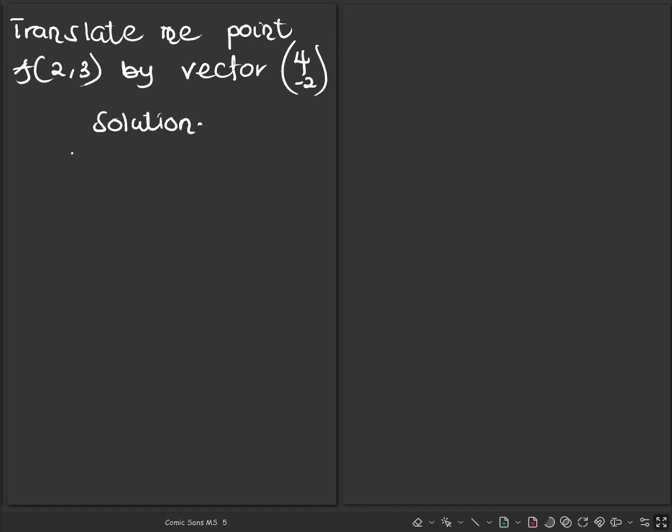We said earlier on that A plus the translation vector v should give you your translated point. Our A over here was (2, 3), plus our translation vector, which is (4, -2).